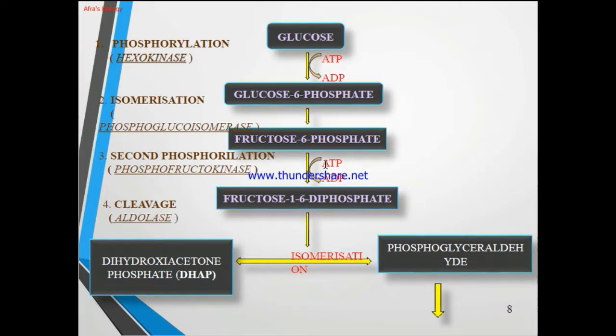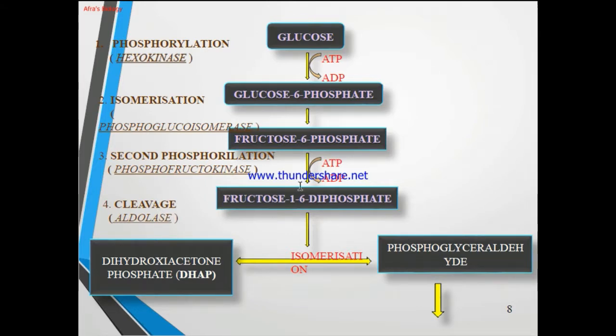Another molecule of ATP is used, and the conversion of fructose 6-phosphate into fructose 1,6-bisphosphate takes place. The enzyme is phosphofructokinase.